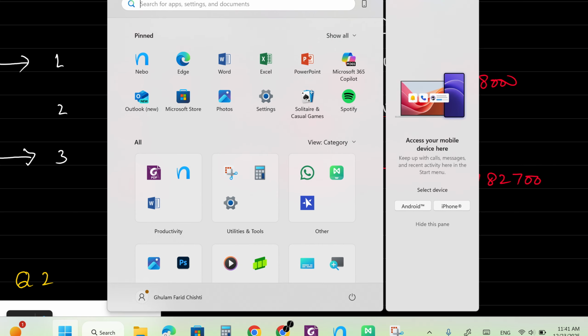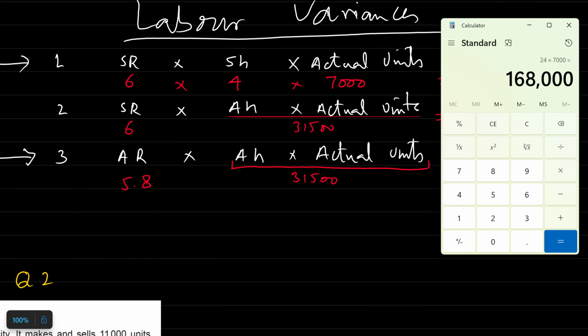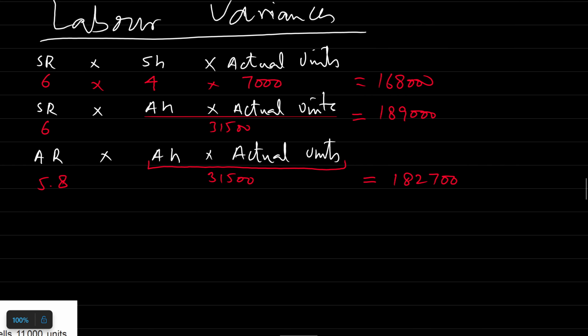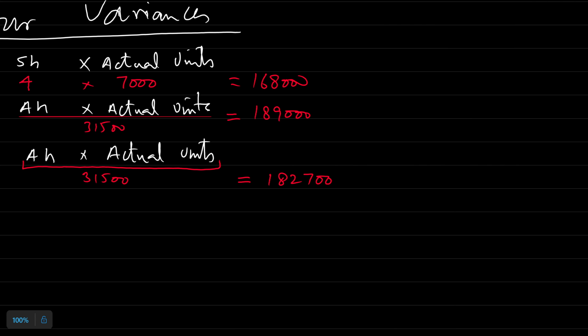And second is 6 into 31,500. It is 189,000. Now students, the difference of the first two lines' answers will be labor efficiency variance.